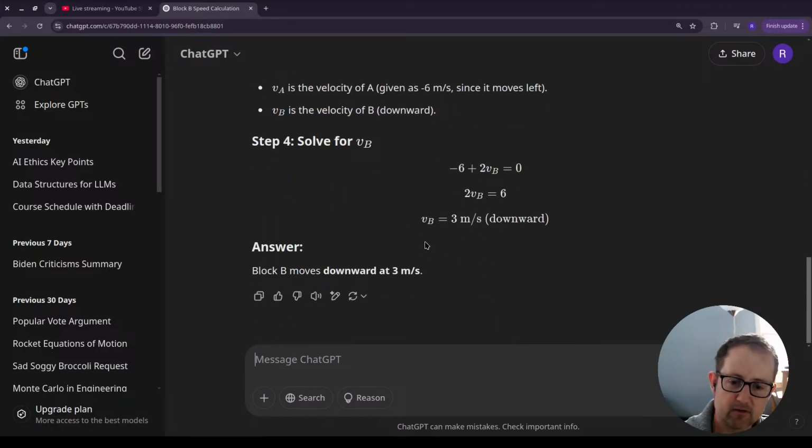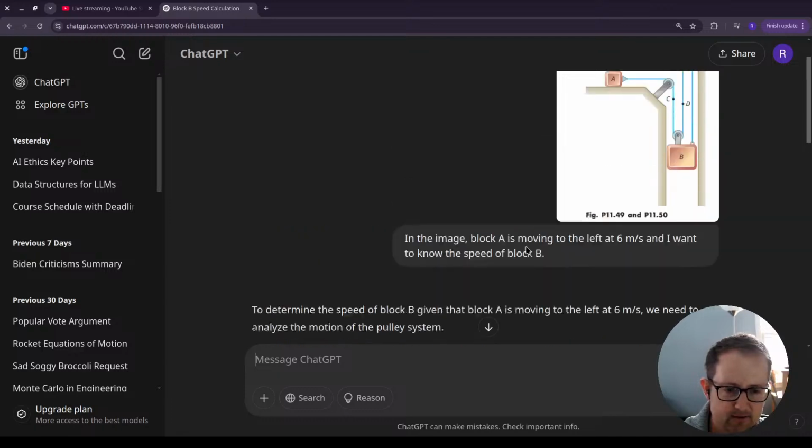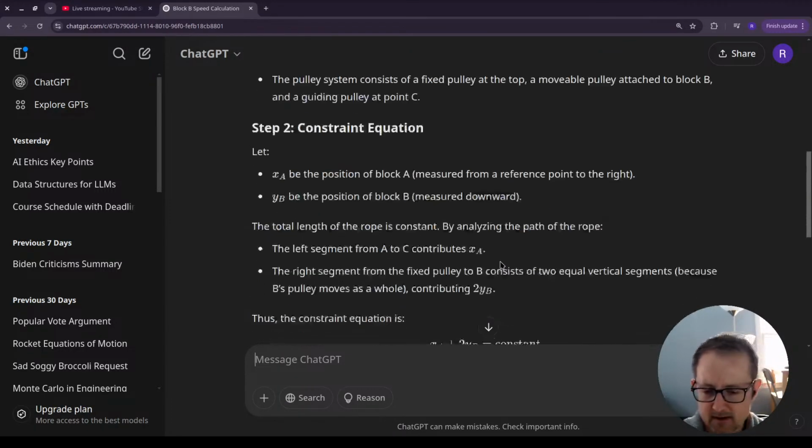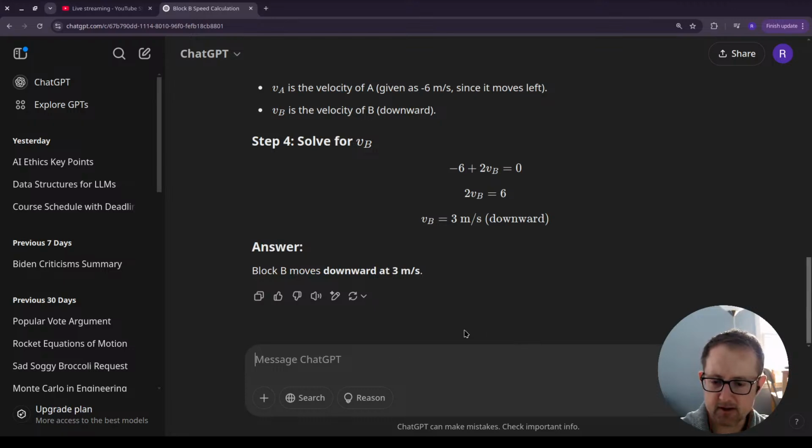-6, so now VB. It is kind of weird that it says it's moving down, even though if this moves to the left, that's definitely moving up. So let's give it a little more information, because right now it's telling us it's moving down. And I'm pretty sure it should be a 2 instead of a 3. So let's try this out. I see 3.